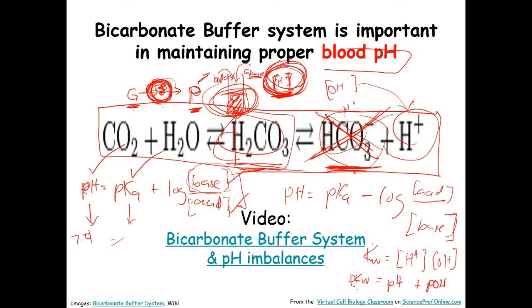Because the constant is always 14, 14 equals pH plus pOH. Okay, so this will determine the acidity and basicity of a solution. So these are the important formulas needed in acids, bases, and buffers.